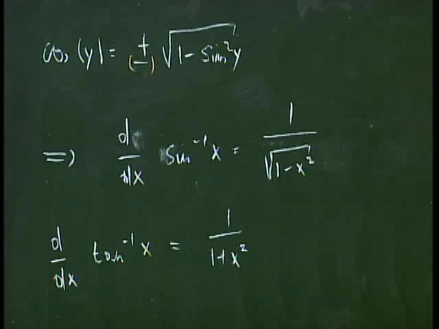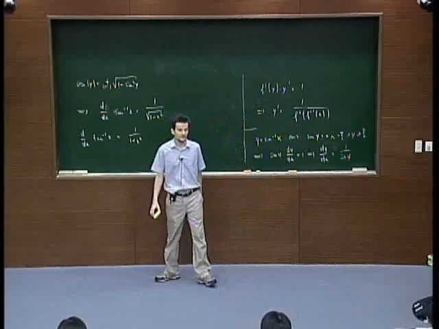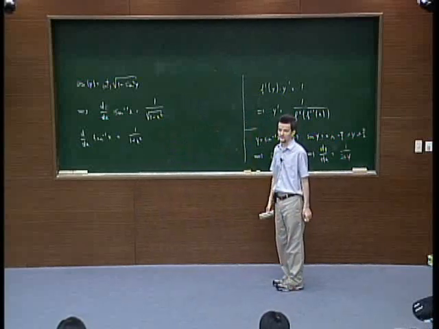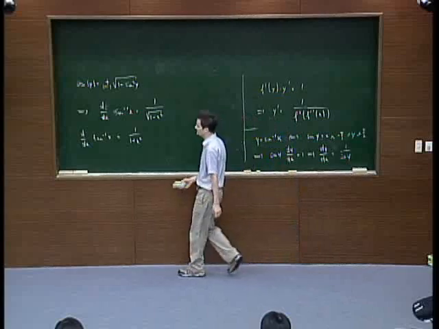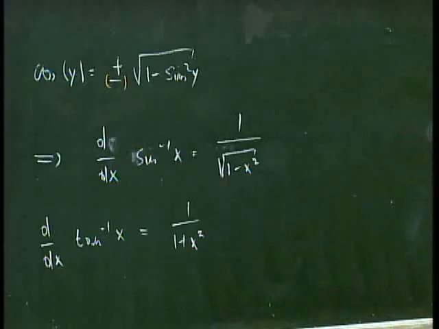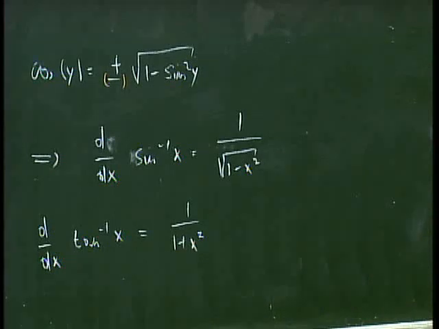So now we are able also to find the derivatives of inverse trigonometric functions. Normally the most important ones are this one and this one. These are the only ones which I can tell you immediately. All others I have to derive on my own. So it's not necessary that you memorize all those tables and the derivatives.